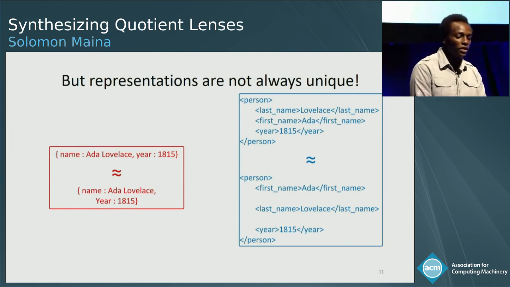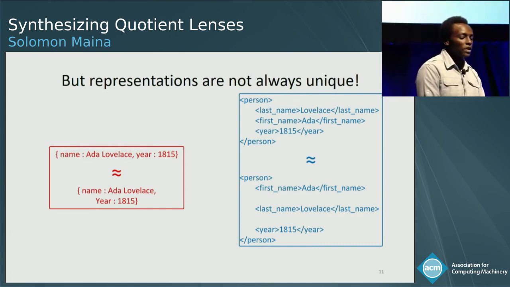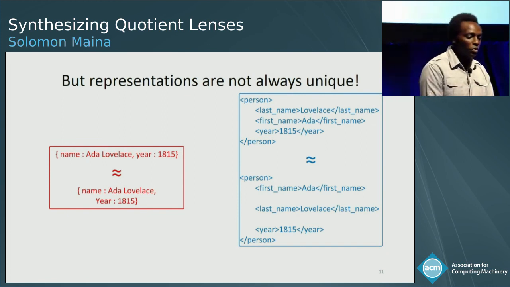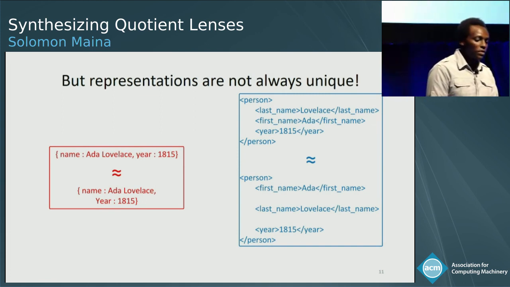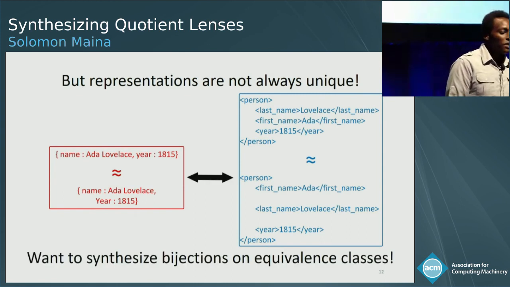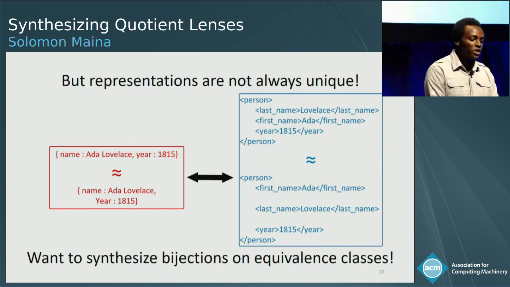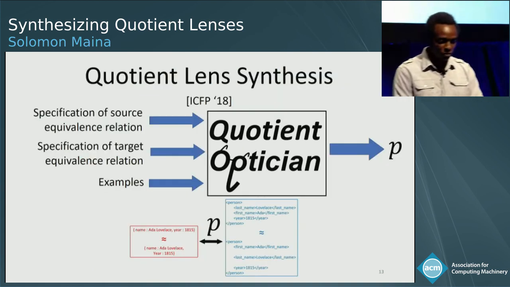And moreover, we may even wish to ignore the order of fields. If you look at the first XML file, we have the last name followed by the first name followed by the year. But in the second one, we have the first name followed by the last name, then the year. And as I said, the upshot is that we want to synthesize bijections on equivalence classes, and that's the content of this talk.